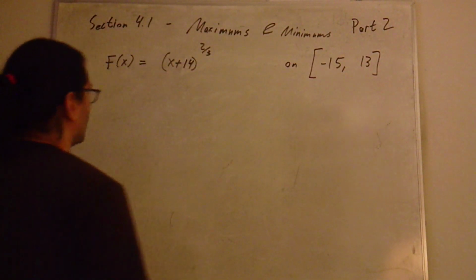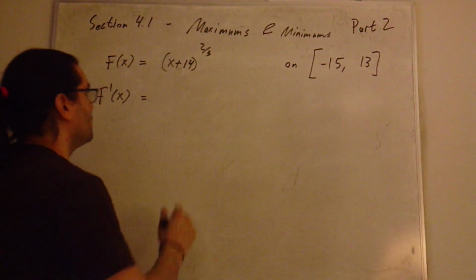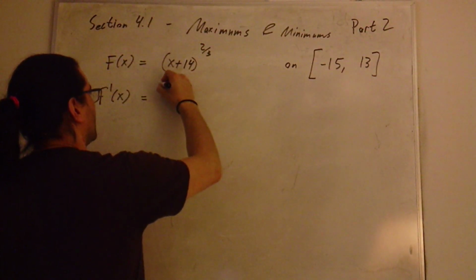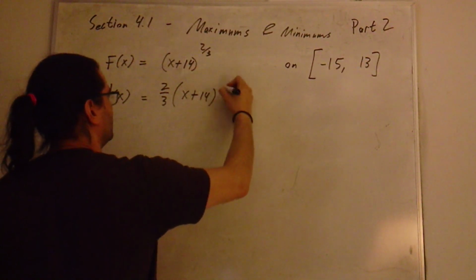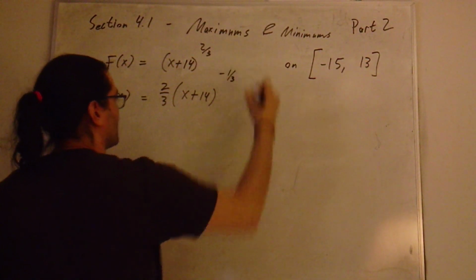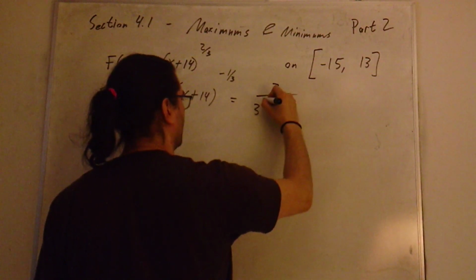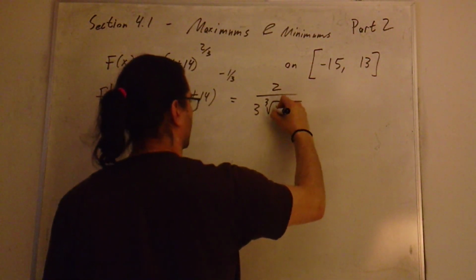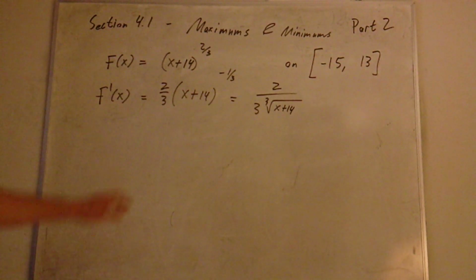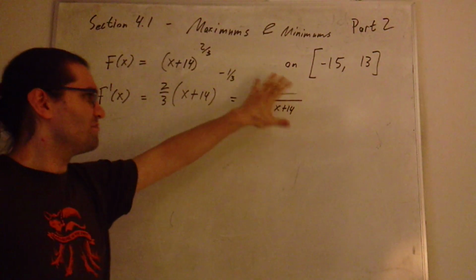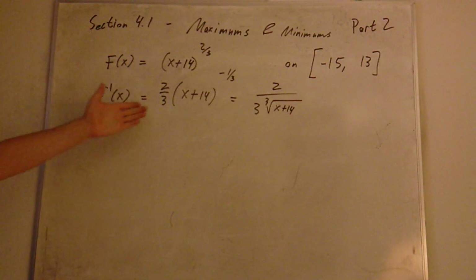As usual, we're going to start by finding a derivative so we can get our critical points. f'(x) equals, bring the exponent down, 2/3 (x + 14)^(-1/3), which is also known as 2 over 3 times the cube root of (x + 14). So, easy derivative, messy simplification if you want to use a radical. But this is our derivative.